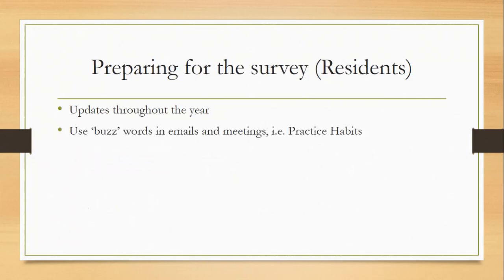And so just reminding them, using buzzwords in emails, meetings. Practice habits is the big one that hit us a while back. So we worked with our residents to find out some actual practice habit information they would like. They get some quarterly feedback from me based on their clinical volumes and performance compared to their peers.